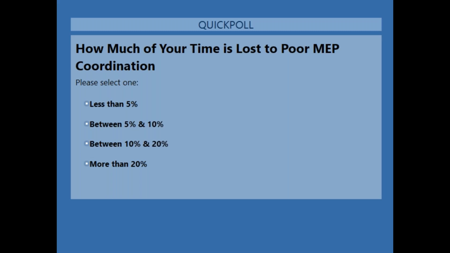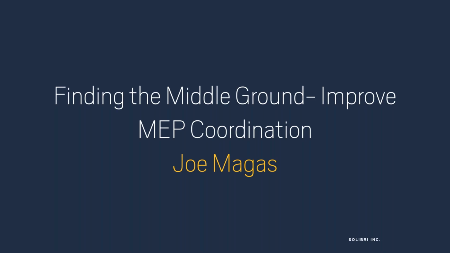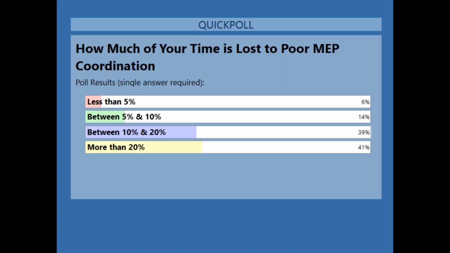It could be very frustrating, for sure. That's why we're here to discuss this topic. Okay. Thank you for voting. All right, and here are the results. It's very interesting that most of the results think that a high percentage is going towards poor MEP coordination.